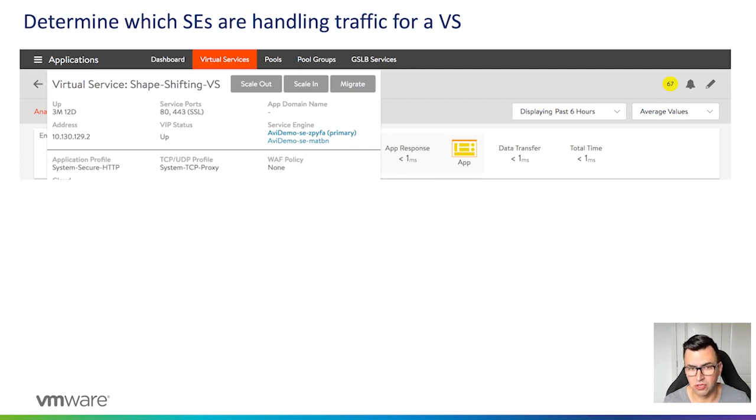So you can see here in the service engine section that the service engine whose name ends in FA is the primary, and BN, because it doesn't have the primary label, is a secondary SE. That's going to tell us that this virtual service has been placed on a service engine group with active-active configuration.